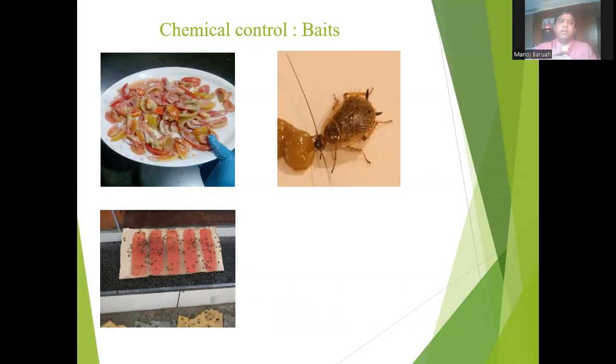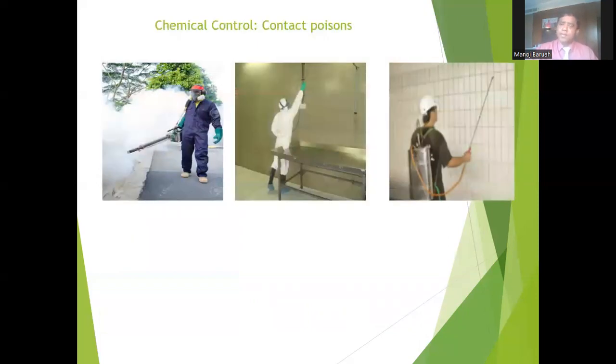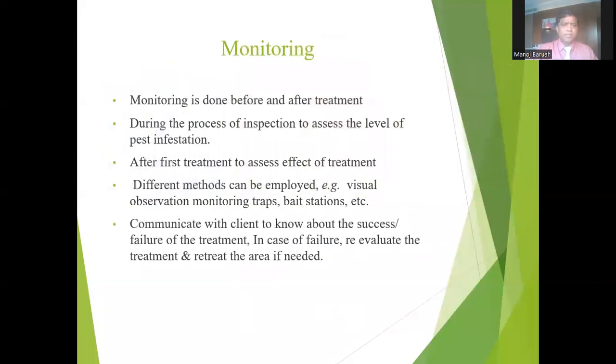In the same way, why would cockroaches and rodents consume the bait? Because it is contaminated. Most of the time these issues come up, and we may not be able to find out why the problem is not getting solved. So this is one of the reasons. Most of the chemicals are contact poisons.